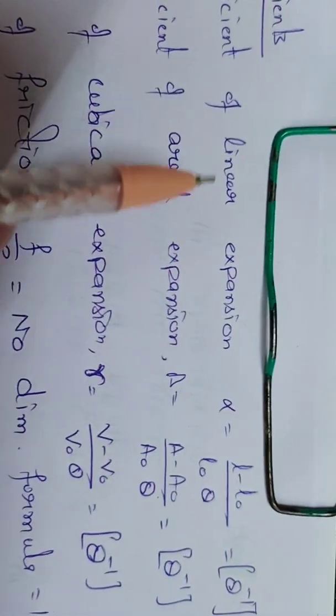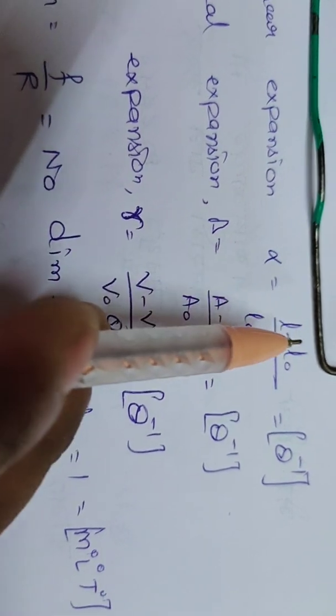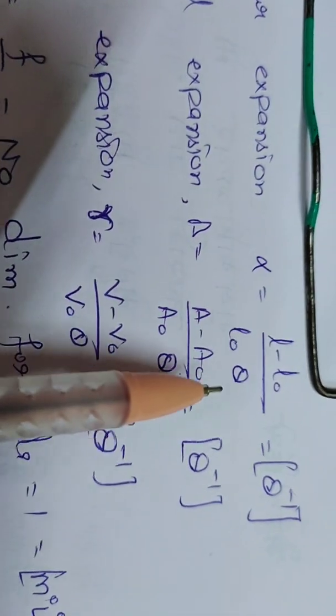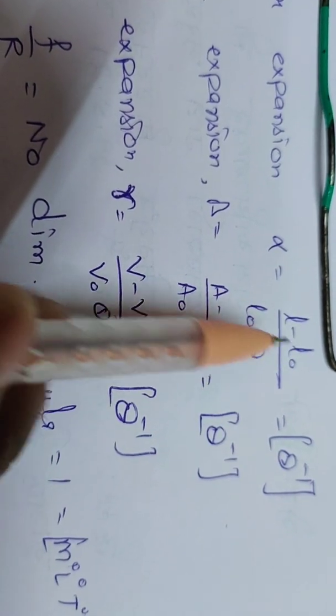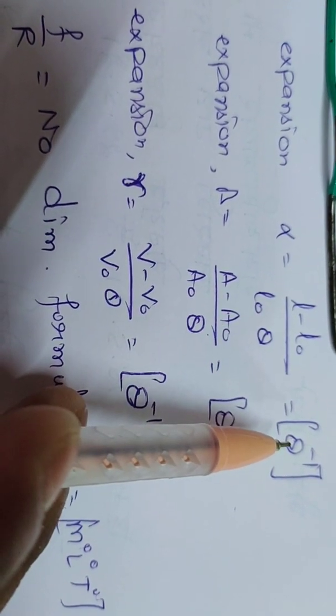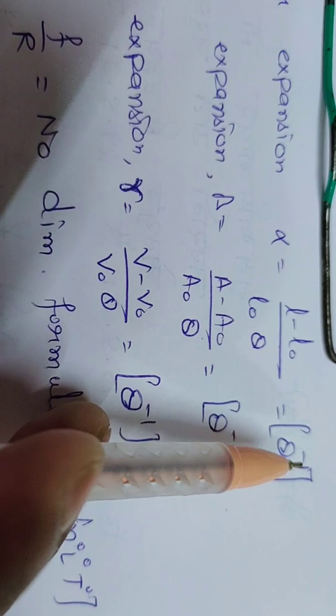Next are the coefficients. Coefficient of linear expansion is defined as change in length per unit original length per unit change in temperature. Change in length and length both have the same dimension formula. So I got the dimension formula of theta minus 1 only. Here theta is temperature.